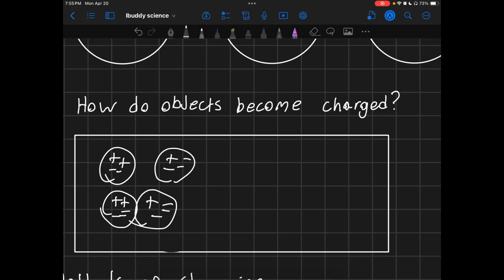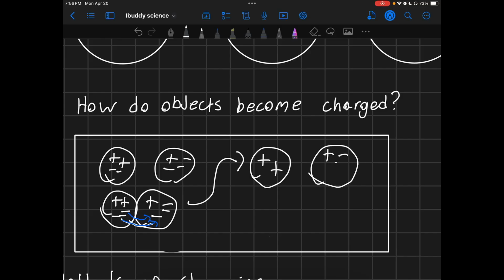Once they touch, the electrons get transferred to the other object, and after they stop touching, the charges will be changed for both of them. So the main idea here is that for objects to become charged, the electrons have to move.